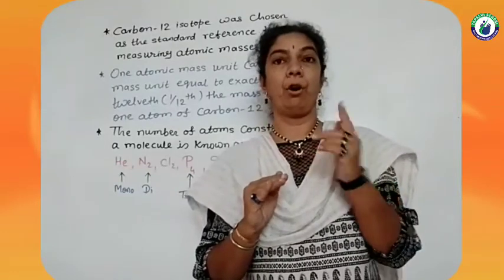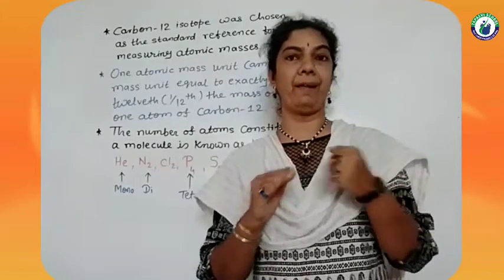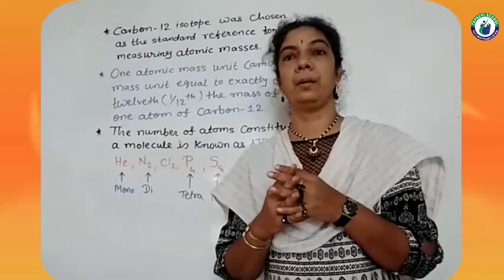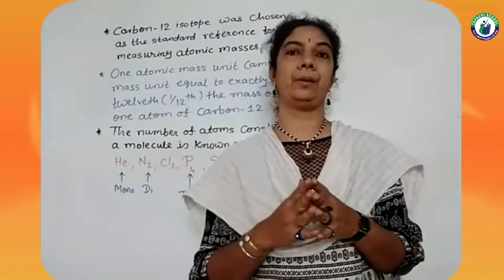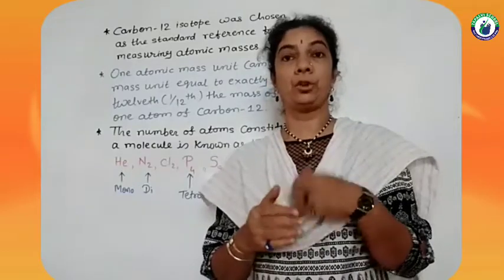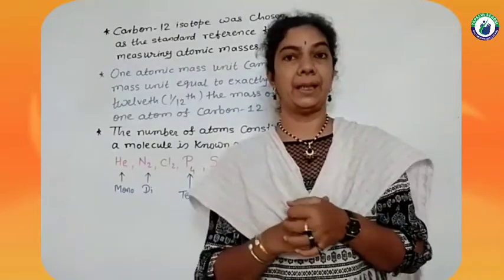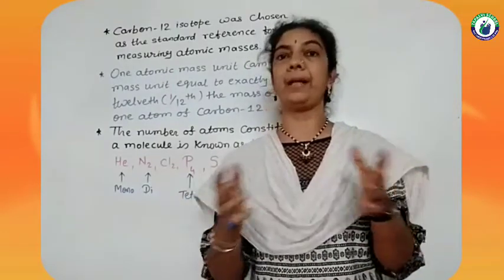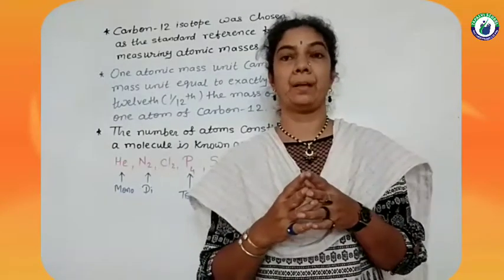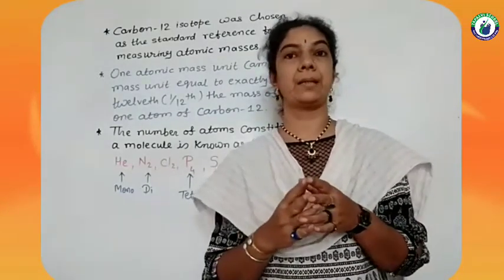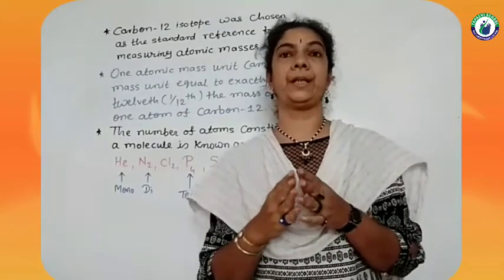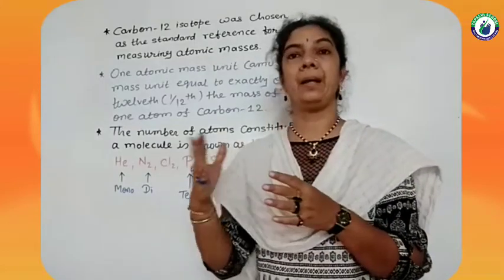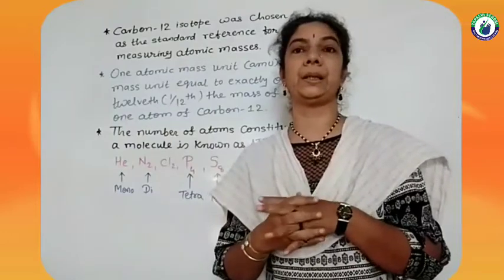The masses of all other atoms are measured relative to this 12th part. For example, the mass of oxygen is 16, for sodium it is 23, for chlorine it is 35.5, and likewise all the atomic masses have been measured.